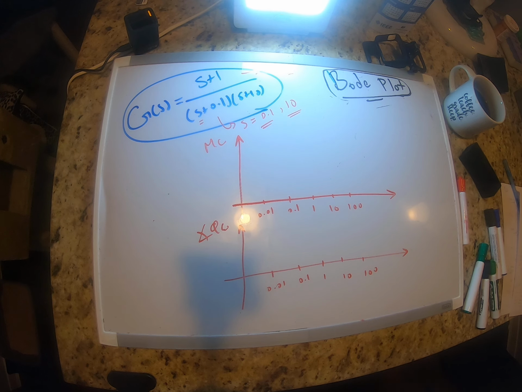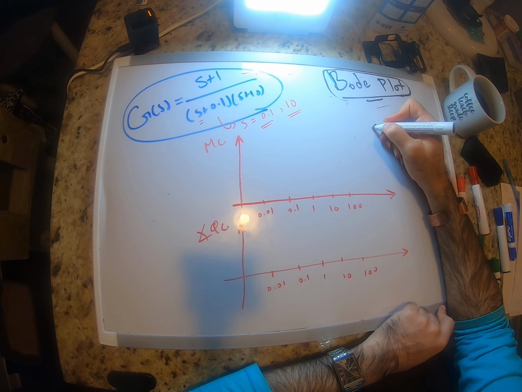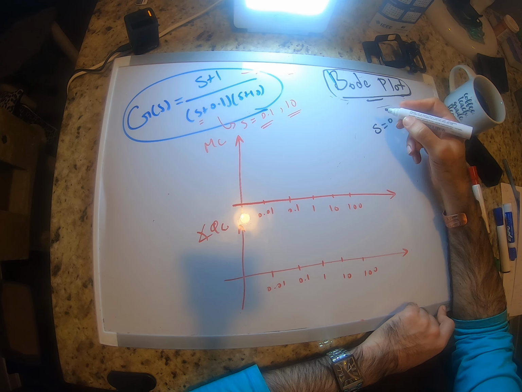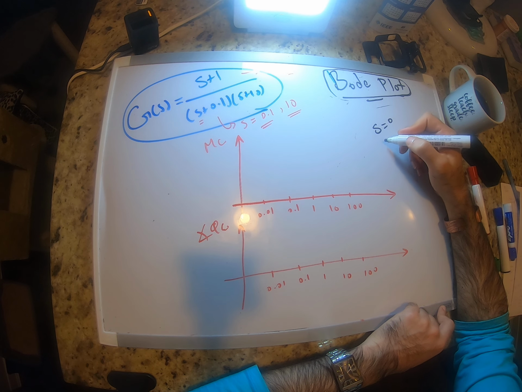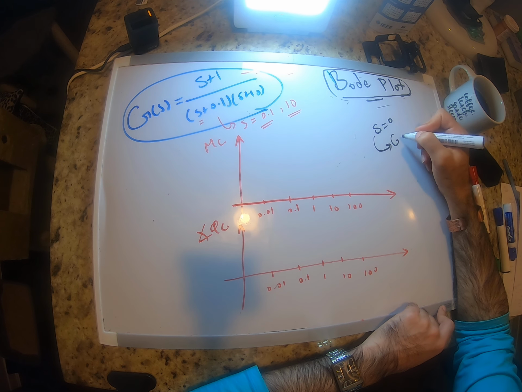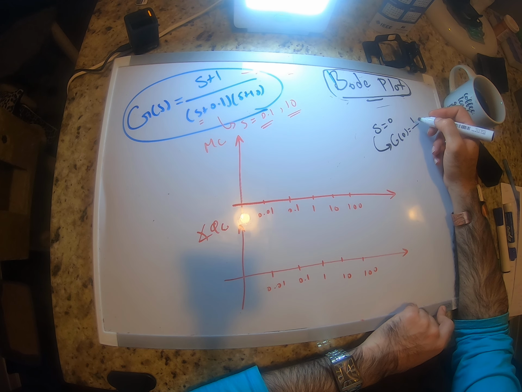Okay, so the first thing we can do is to figure out at s equal to 0, at the zero frequency, what is G of s? At s equal to 0, G of 0 is going to be equal to 1 over 0.1 times 10.